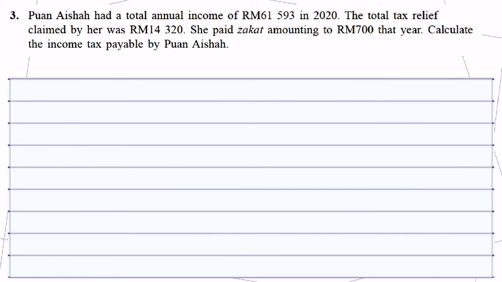Calculate the income tax payable by Puan Aisha. Okay, so now annual income $61,593. Total tax relief 14,320.